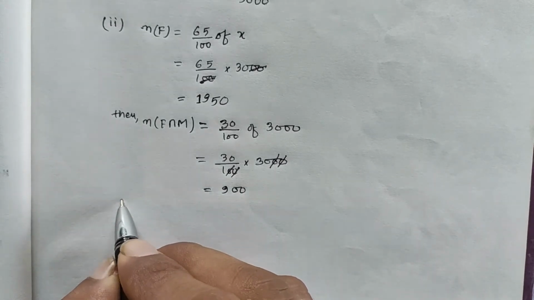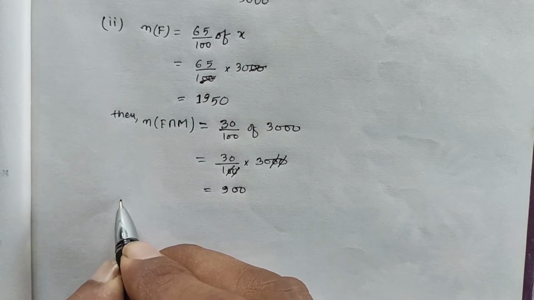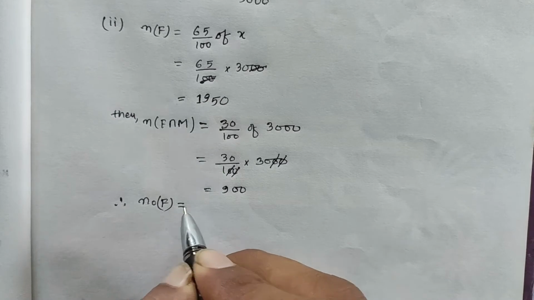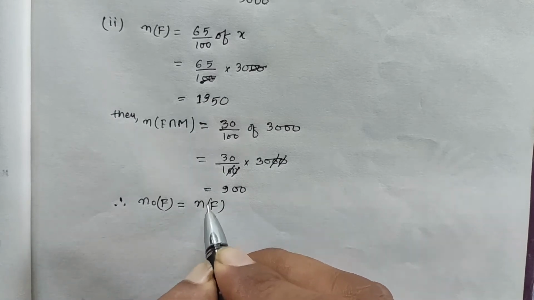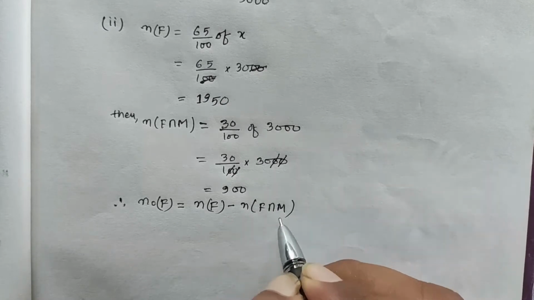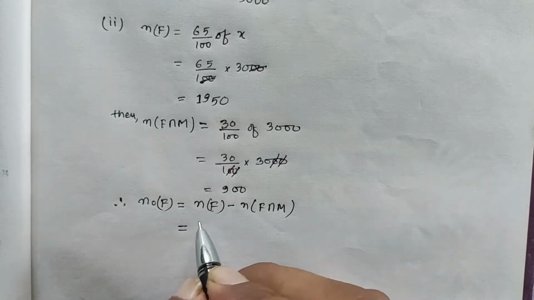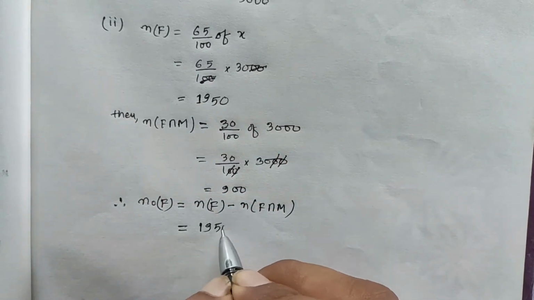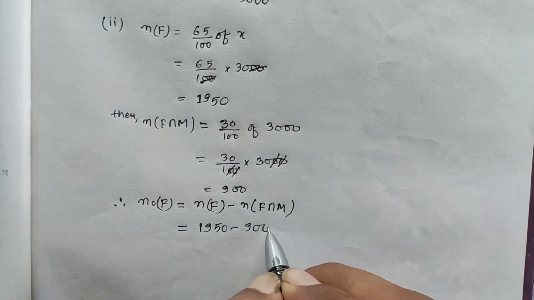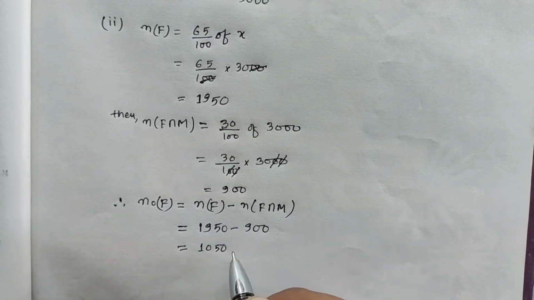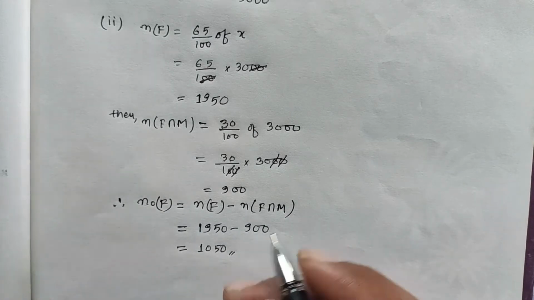Yeah, so therefore N only F is how much? NF minus N of F intersection M. We have found their values. So 1950 minus 900, so the result is 1050. This is your result.